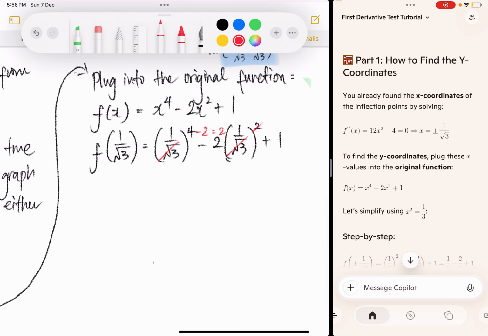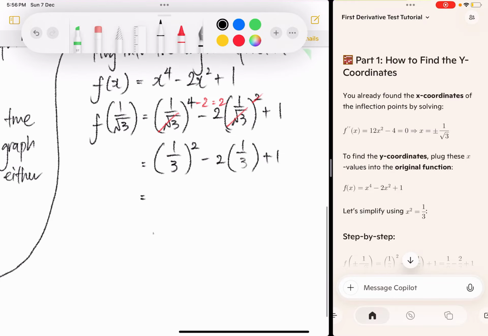So later on, it's going to become 1 over 3 squared minus 2 times 1 over 3 plus 1. That will be 1 over 9 minus 2 over 3 plus 1.